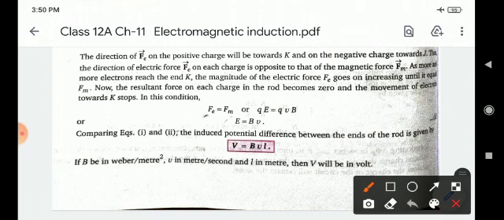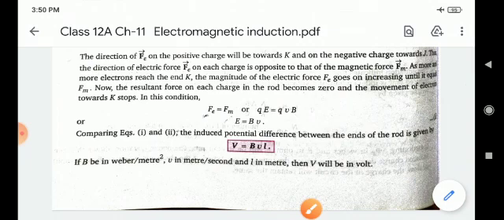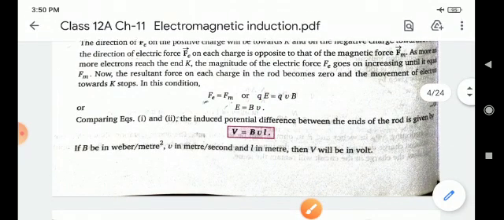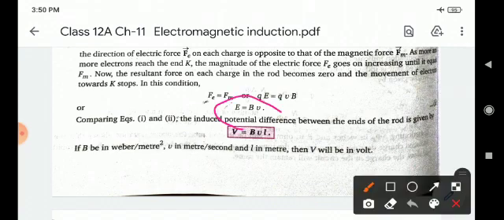We know that Fe equals qE and Fm equals qvB sin theta. The charge is constant and common, therefore the charges cancel out. Therefore, E equals vB, where E is the electric field, B is the magnetic field and v is the velocity.